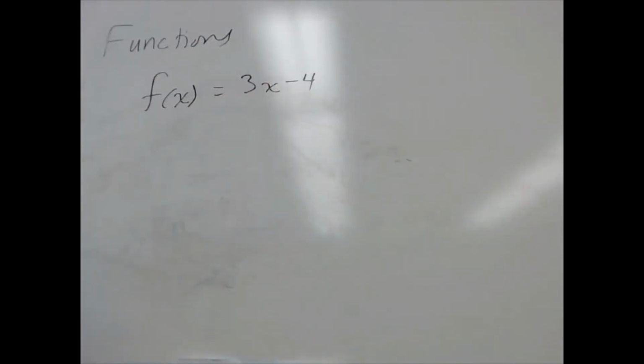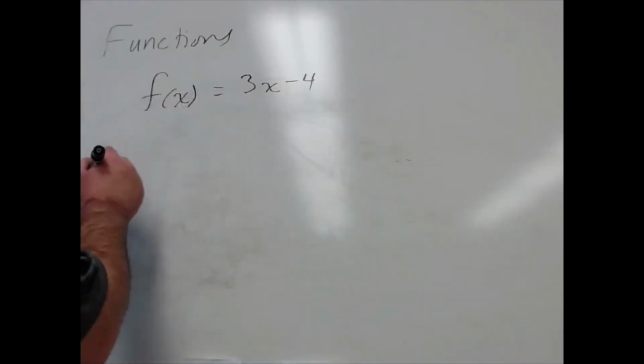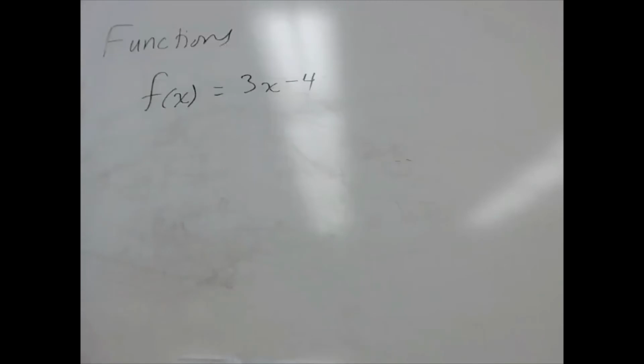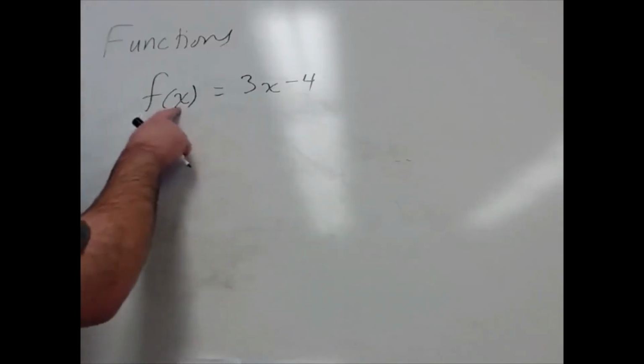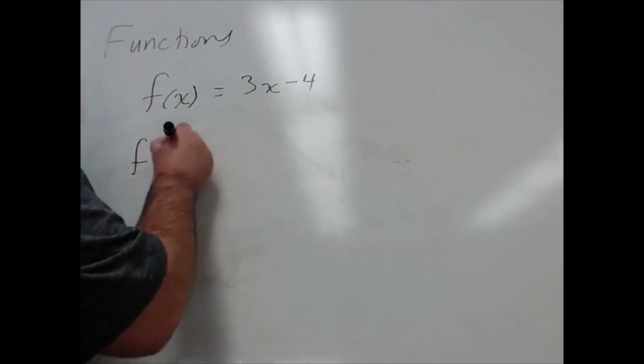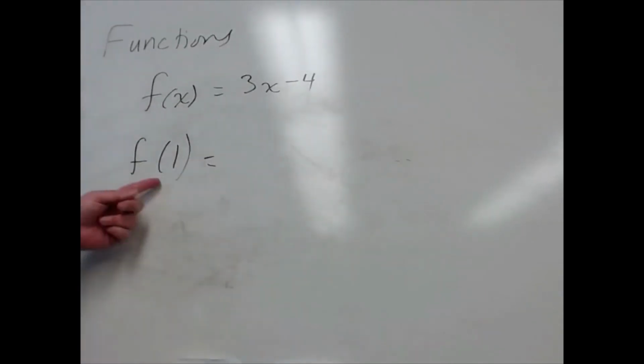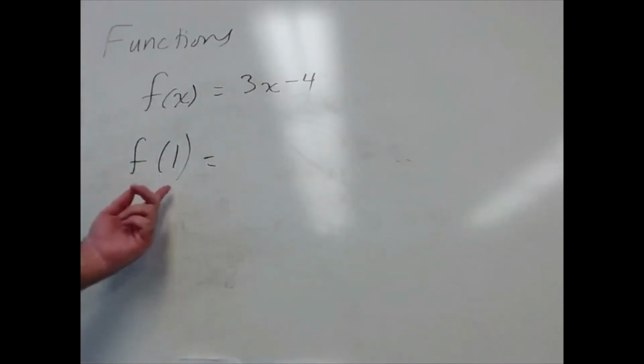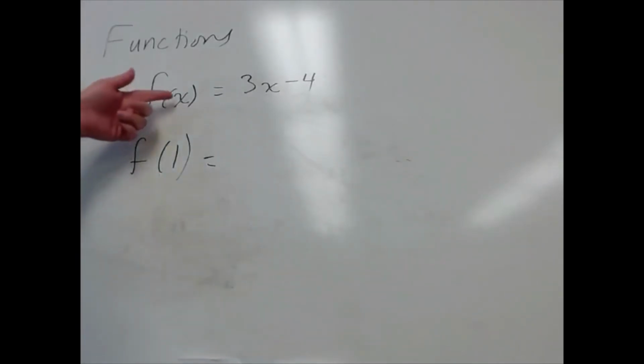So what I can do is put different x values into the machine, different inputs into the box. So let's take the value 1. I'm going to put 1 into the box. So what I'm doing is replacing the x value, saying the x that I'm putting in is going to be 1. So this is called f of 1, meaning that I'm replacing the x with the 1.